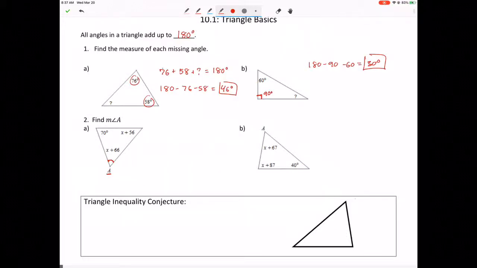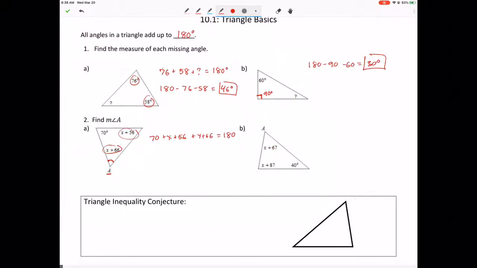So you'll have to do a little manipulation to get what X is, but we know that 70 plus X plus 56, that's this angle, plus X plus 66 gives us this part of your angle, equals 180. So all you need to do is combine like terms and have X on one side, all the other numbers on the other side, and then solve for X.